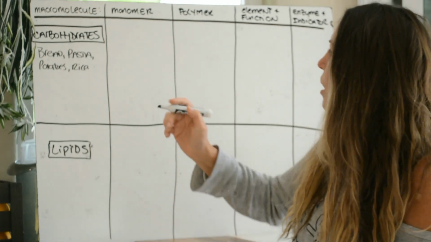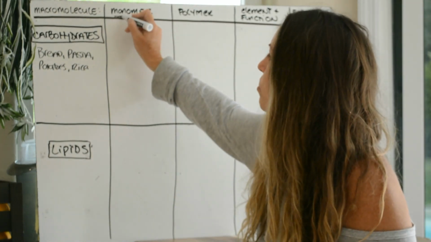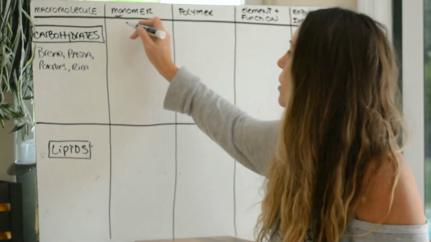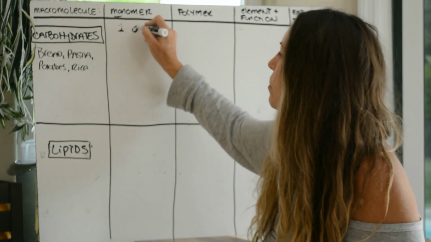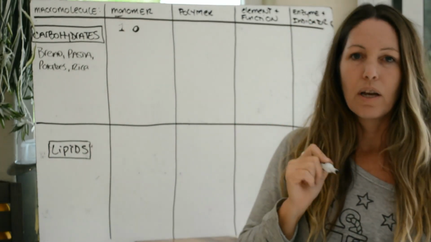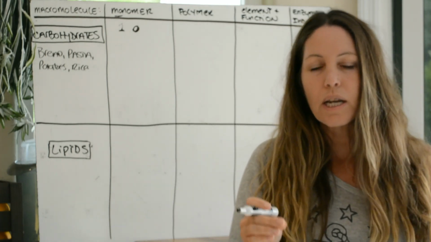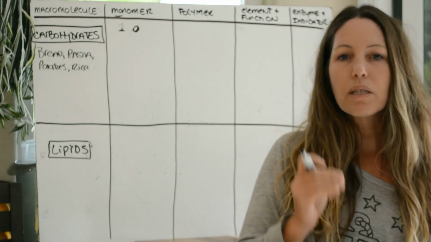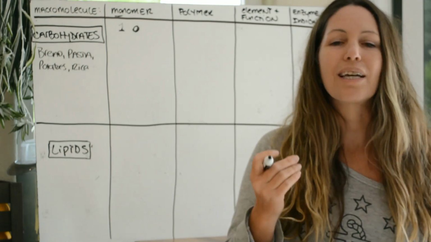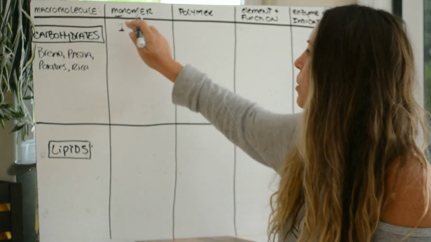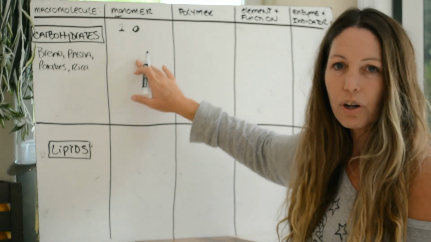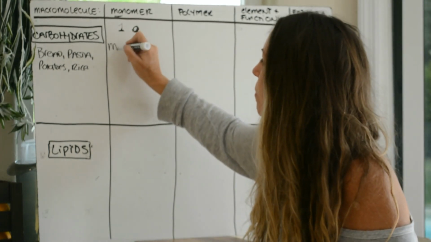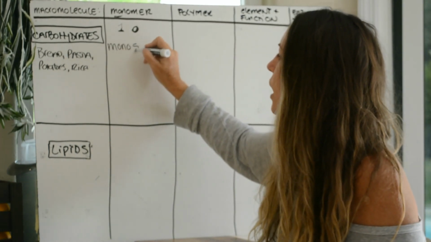Carbohydrates are made up of one, so mono means one. Mer is part. So the one part that makes up carbohydrates is sugars. Now specifically, we're going to call these sugars saccharides. Because I'm dealing with one sugar, I'm going to call this a monosaccharide.